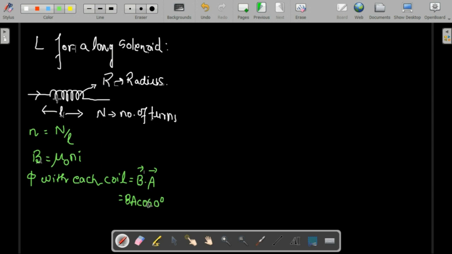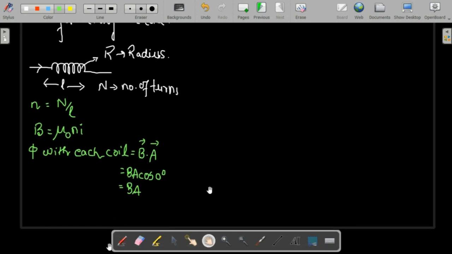Why? Because this is the coil, this is the direction of the area, and this is the direction of the magnetic field as well. So that would be 0 degrees. It's a three-dimensional picture, so you have to imagine that. Cos 0 is 1, so you can simply write it as B into A. That is phi, the flux with each coil.